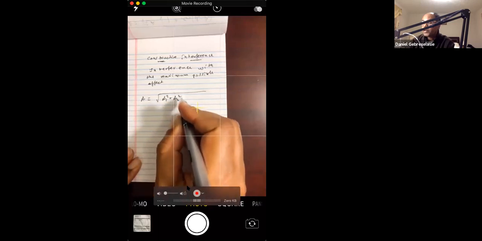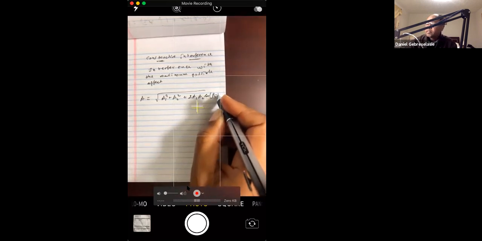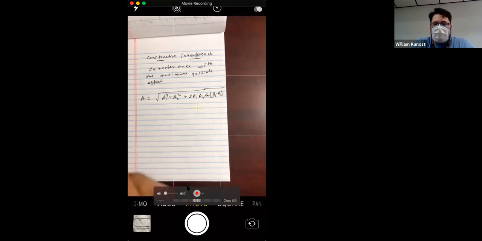So let's get an expression for the maximum. This is our formula: A equals the square root of A1 squared plus A2 squared plus 2A1 A2 cosine of the phase difference. What's the maximum value of cosine? One. So for the maximum, I just put 1 for cosine, which implies cosine of beta 2 minus beta 1 equals 1.